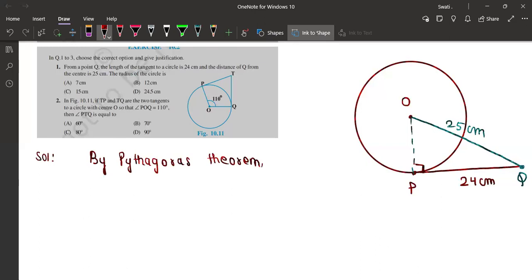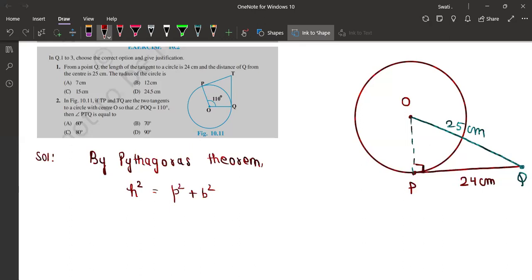By Pythagoras theorem, hypotenuse square equals perpendicular square plus base square.